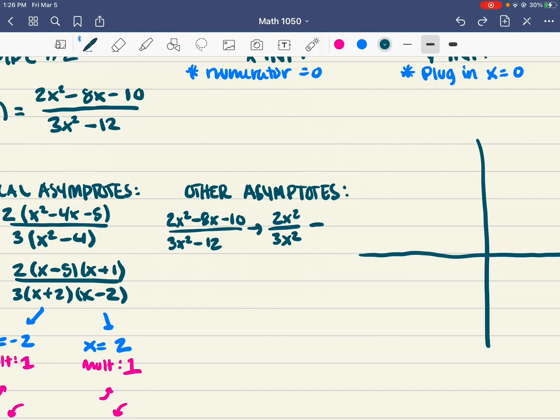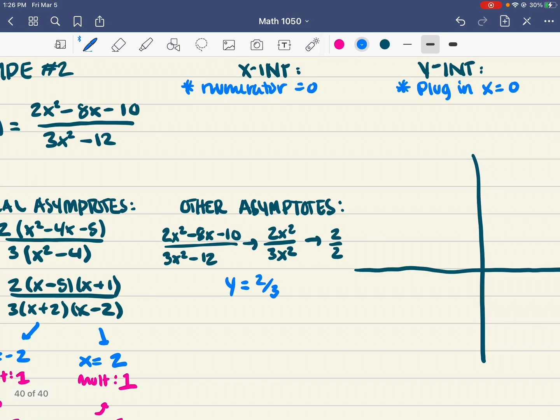Because we have an x squared on the top and the bottom, it reduces to 2/3, which means that we have a horizontal asymptote at 2/3. Which is good information also.